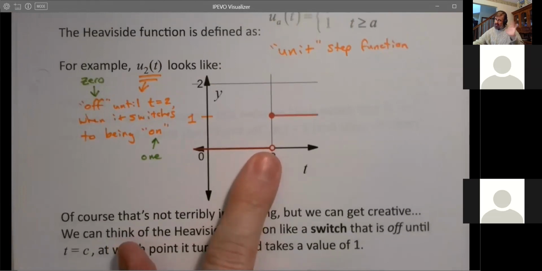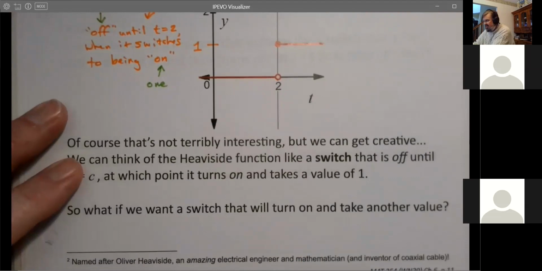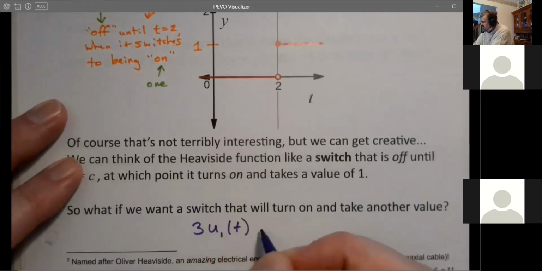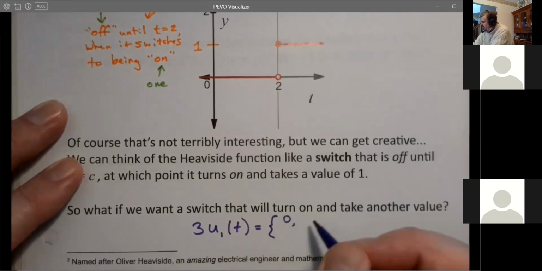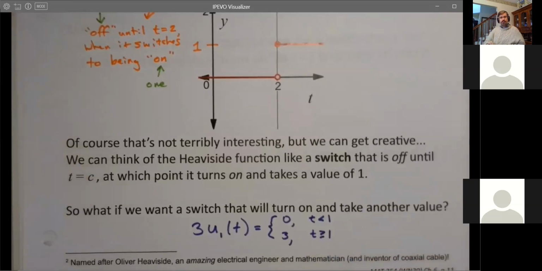So this is unlike other functions that we've run into. It's a step function. So one way we can think of it is to imagine kind of turning the switch at a particular point in time. So if you were to do something like this, 3 u sub 1 of t, this would be a function that is 0 everywhere that t is less than 1, but then it jumps up to 3 everywhere that t is greater than or equal to 1.